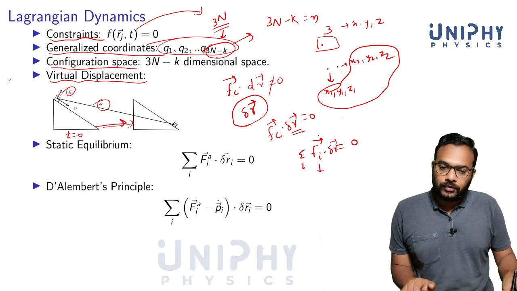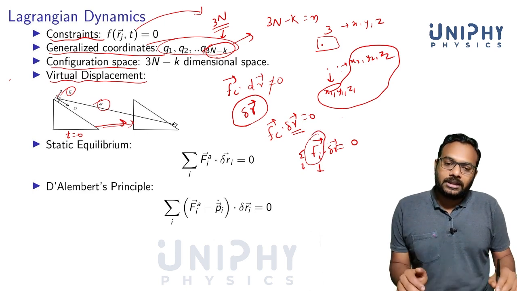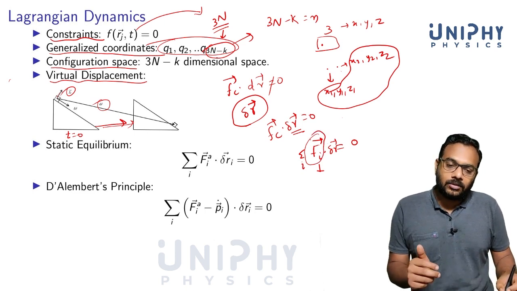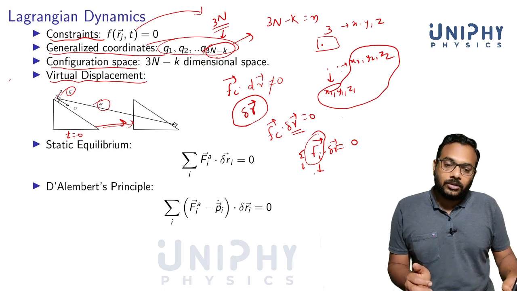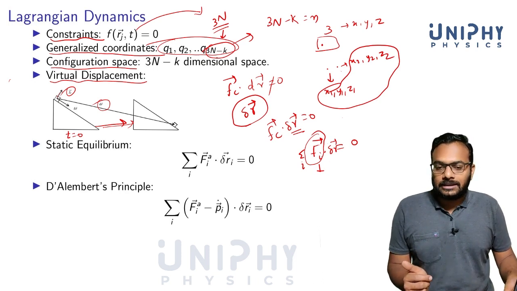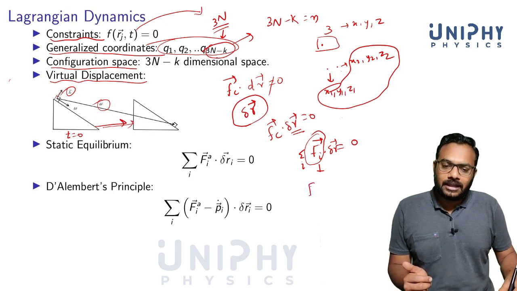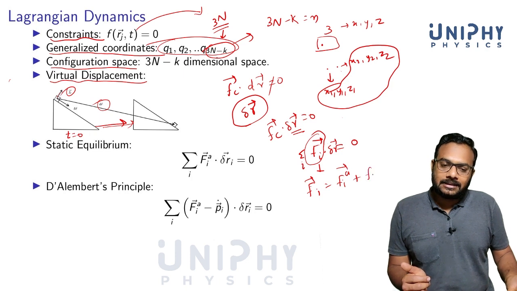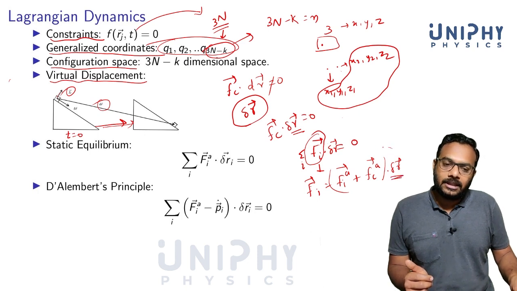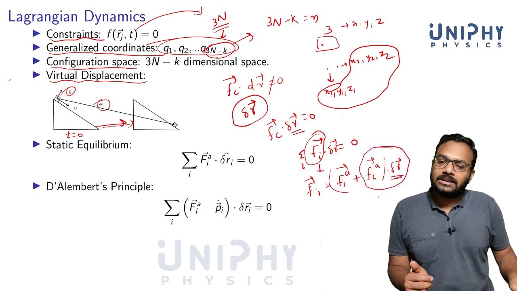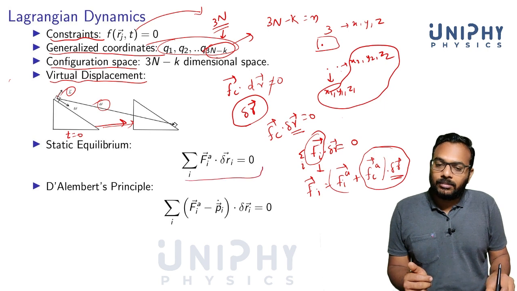In this total vector sum of these forces, all the constraint force components will vanish because Fc dot delta r equal to 0. So we can simply write F vector as the applied force plus the constraint force. And when we take dot delta r, the virtual displacement, by definition this part becomes 0, and we can write equilibrium in this form.